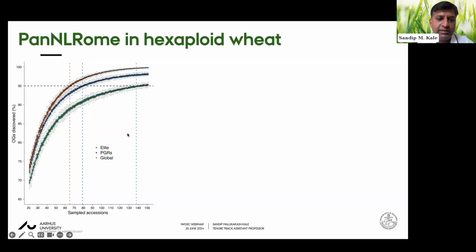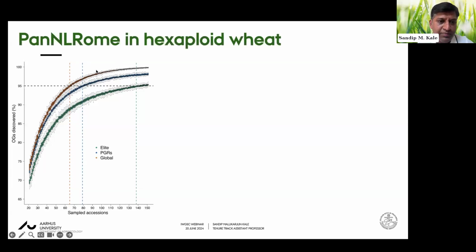While with elite lines, we need around 135 accessions to reach this 95% saturation, which indicates that elite lines have low NBS-LRR diversity compared to the plant genetic resources.